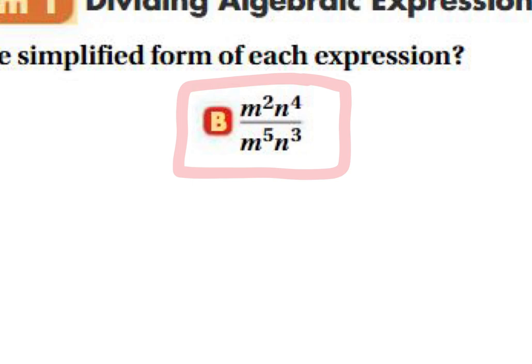Okay, so how many variables do we have in this problem? How many different variables do we have? 2, right? We have an M and an N. So I just want you to write an M and an N on your paper and put some space in between so you have space for the exponents, okay?